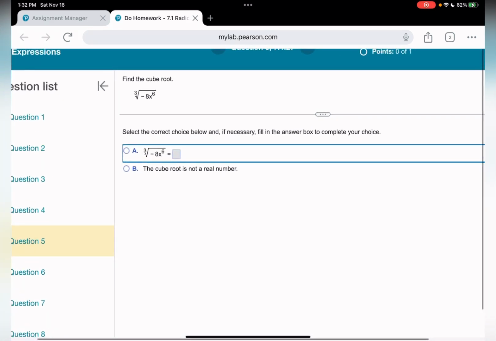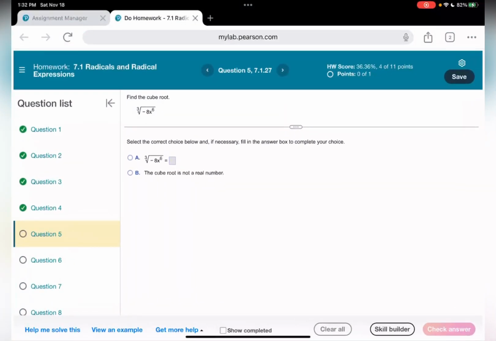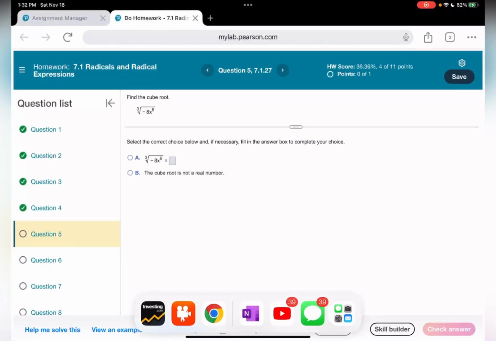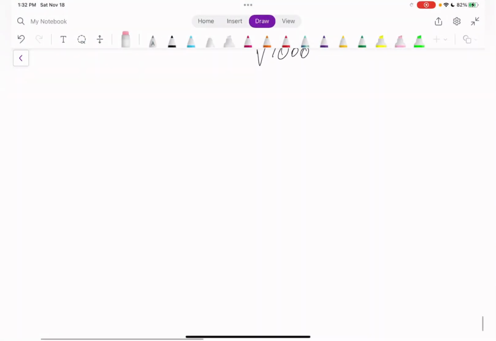Cubic radical of negative 8x to power 6. All right. Cubic radical negative 8x to power 6. Now, is this normal to have negative? Let me remind you one thing.